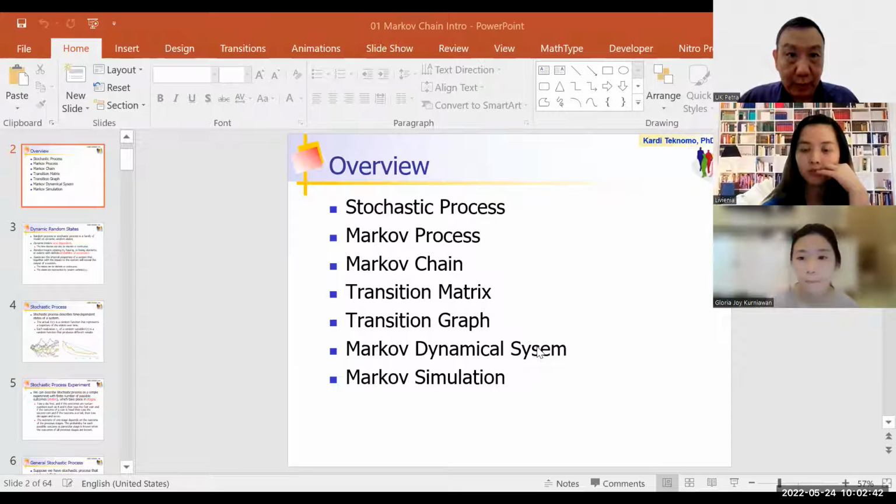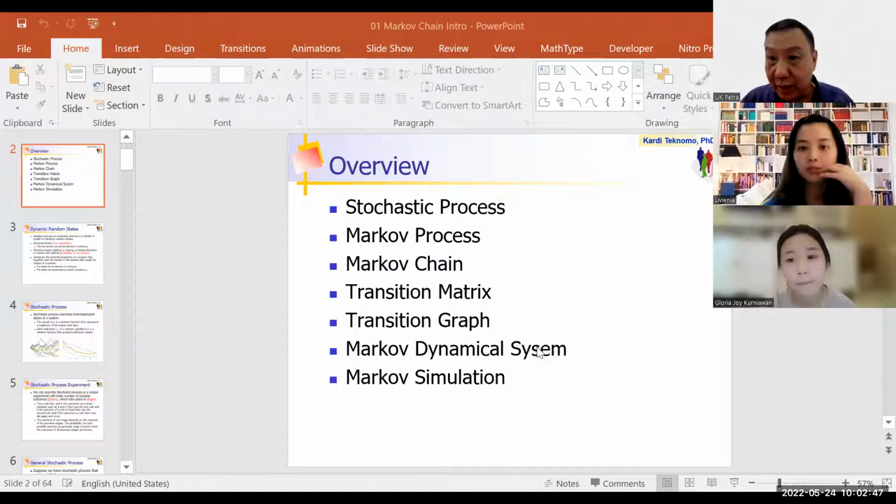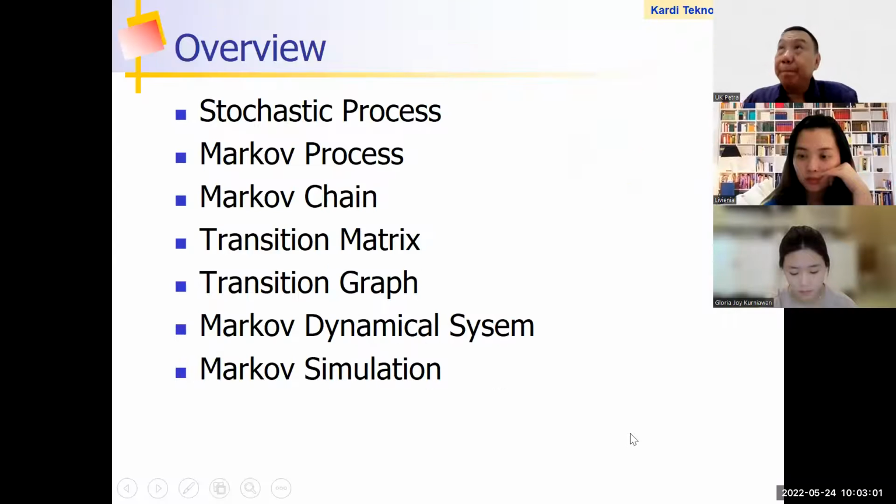So this is like the introduction. I have, I think, 5 slides there, right? So that means this week and next week. So so far what we have learned in OR has been deterministic, isn't it?